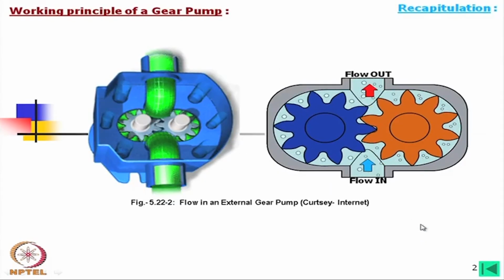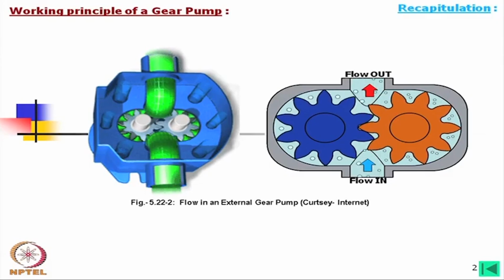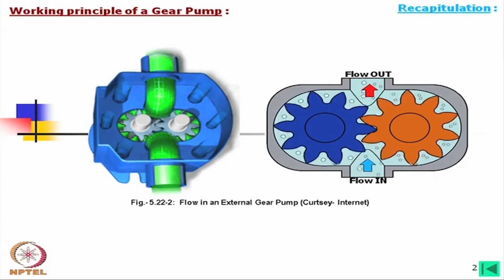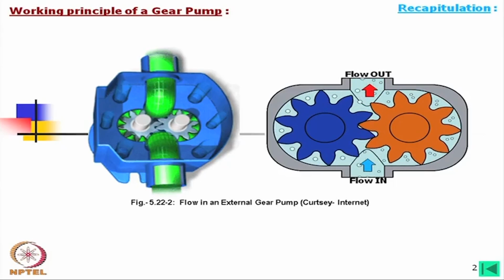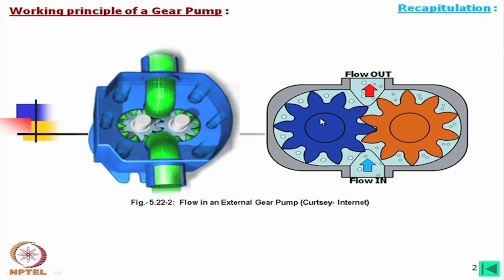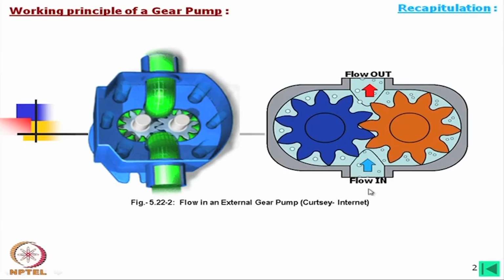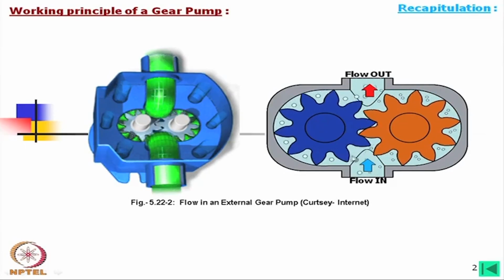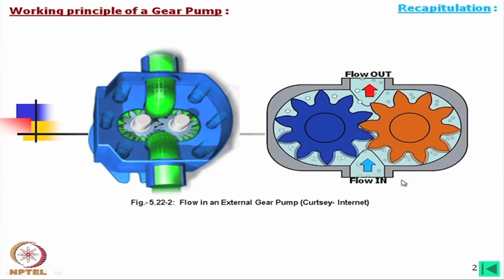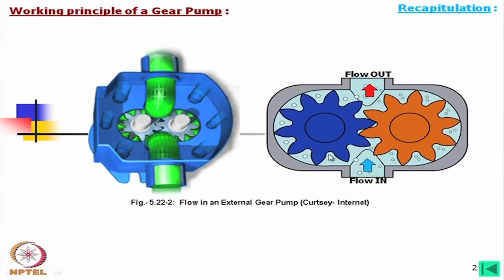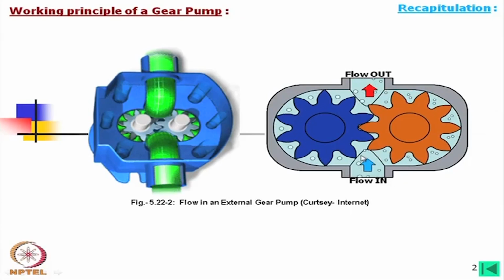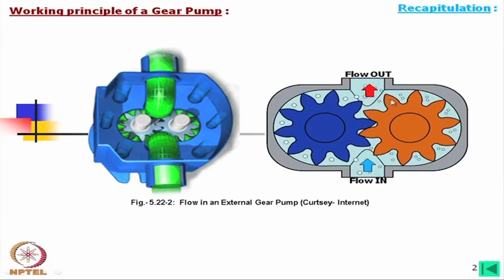Now, last time what we learned is that in external gear pumps, if we consider the blue one as the driving one, then the flow comes in here and is carried to the other side of the pump, and there must be volume expansion and volume compression in this zone.